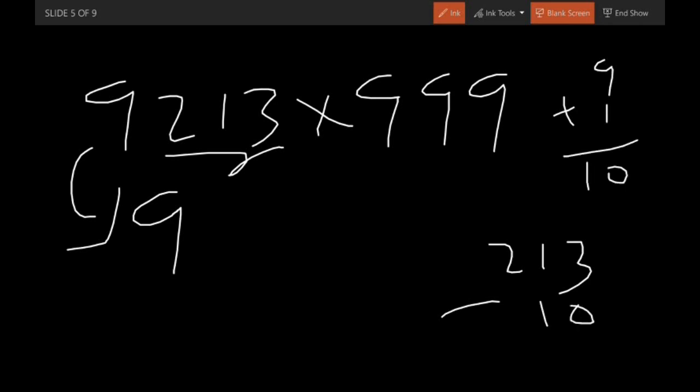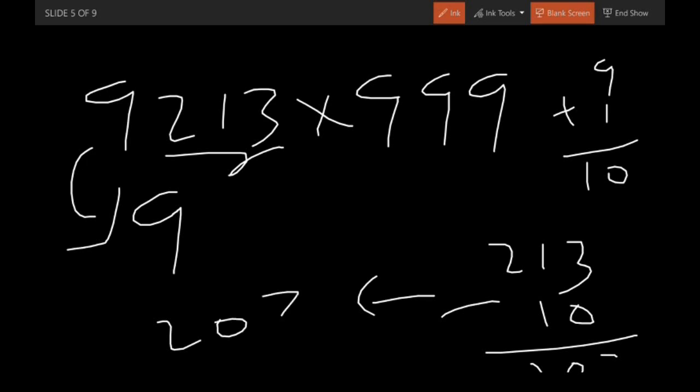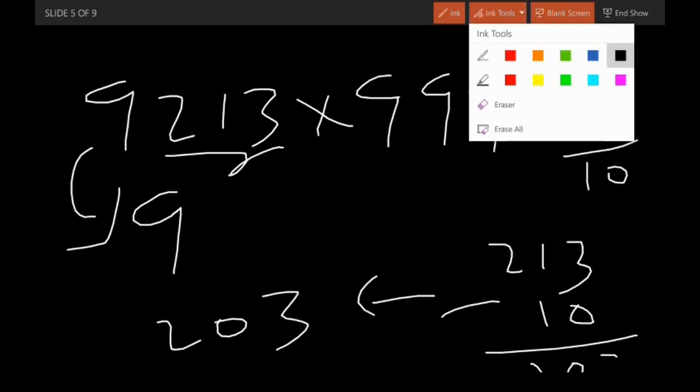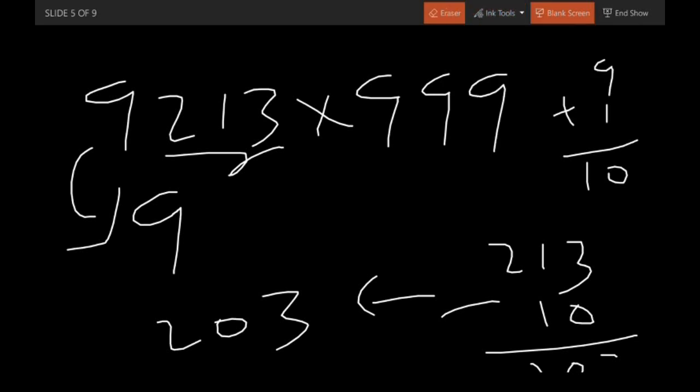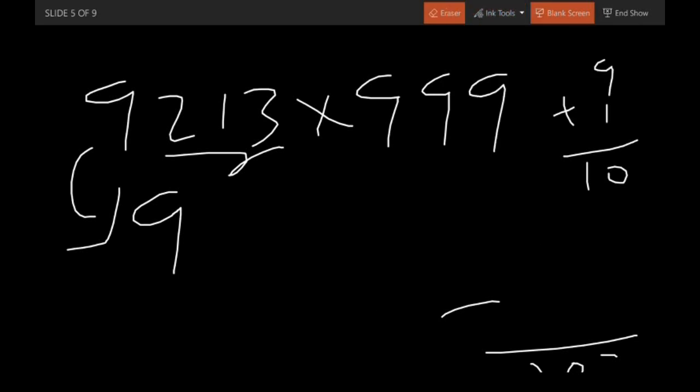So we are going to subtract by 10. So 213 minus 10 is going to be 203. Okay, so where are we going to write that one? Beside 9.